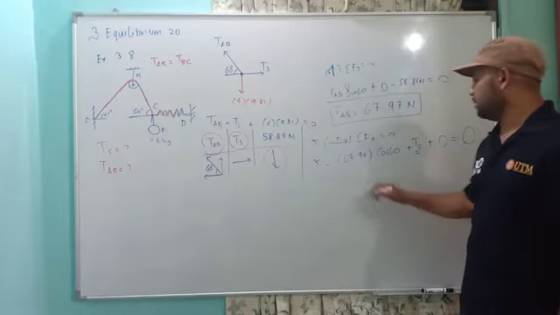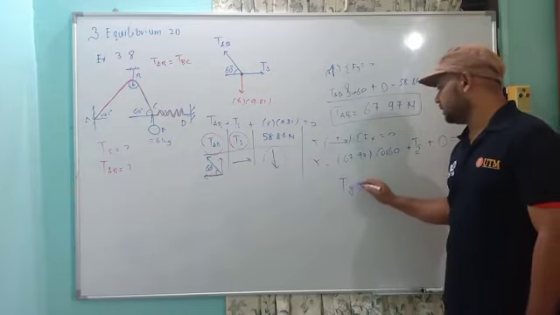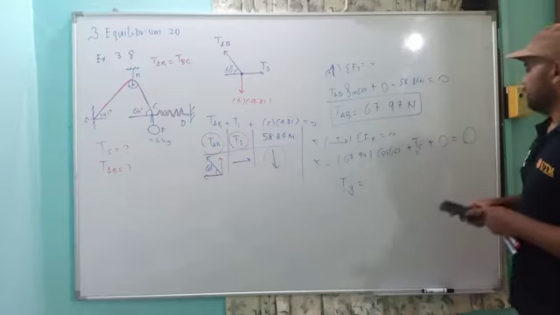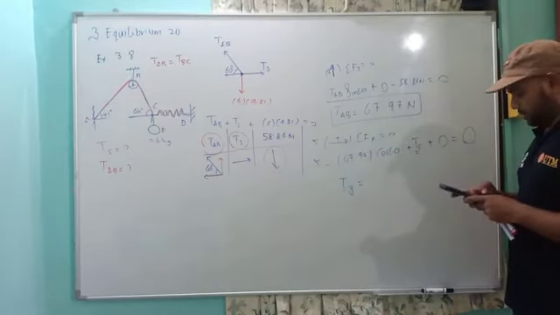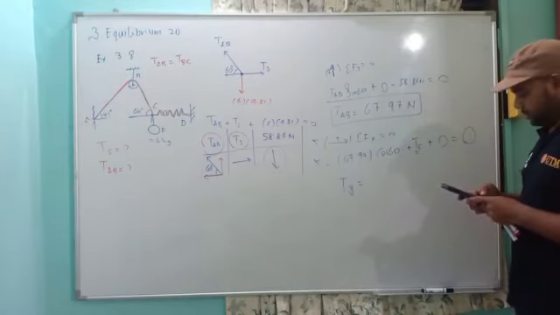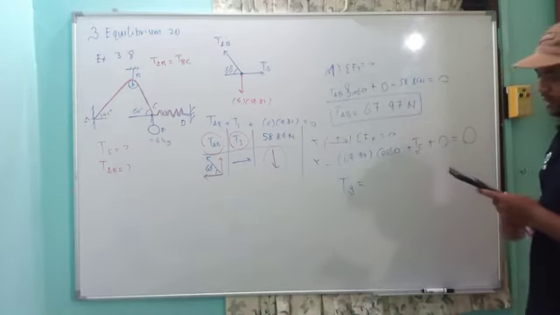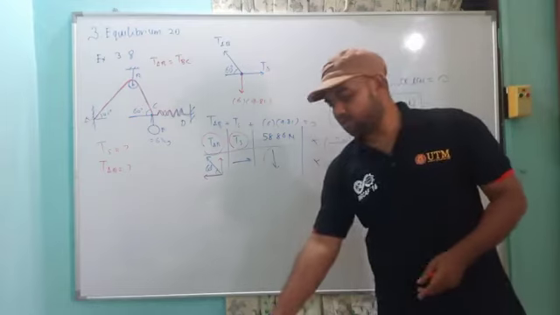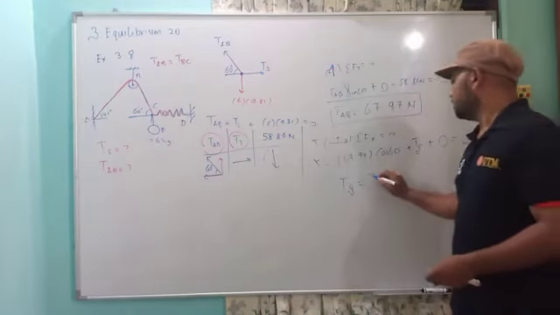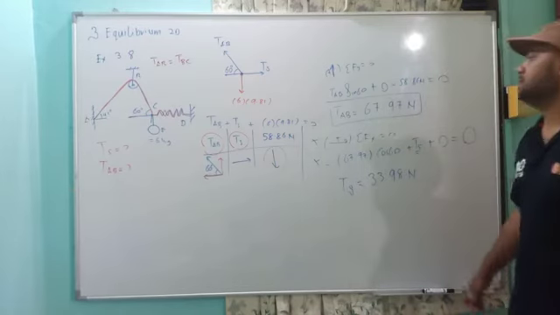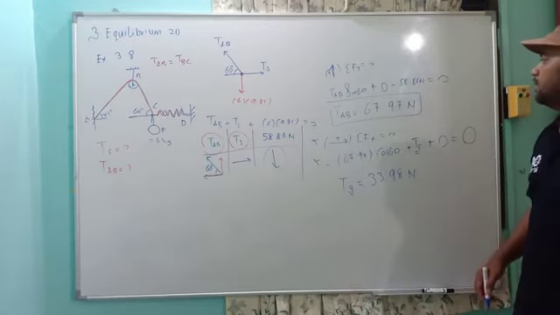So you only have one unknown here, which is TS, equal to 67.97 times cos 60, so I will have 33.98 Newton.